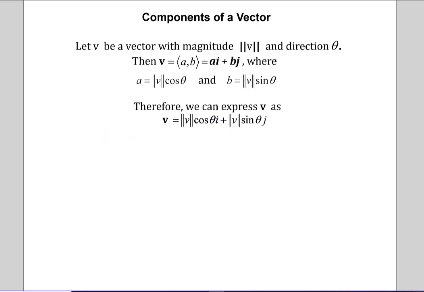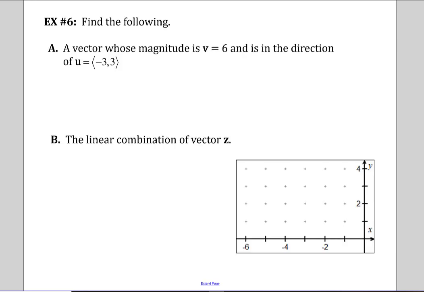And polar form only had a real axis and an imaginary axis, where in vectors we have two axes that are both real numbers. i is in the horizontal direction and j is in the vertical direction. So we just have to keep all of that terminology straight.